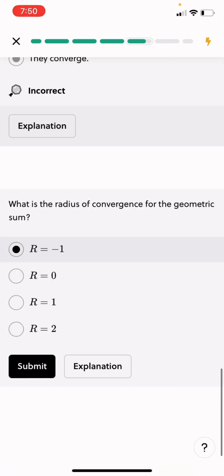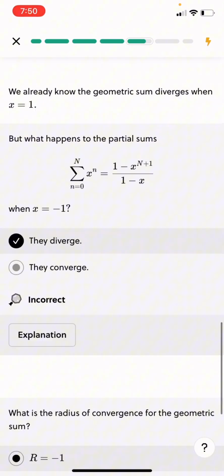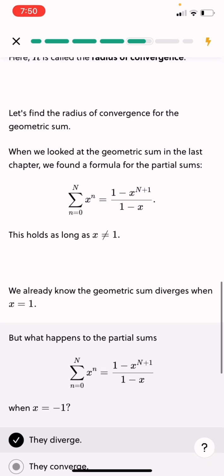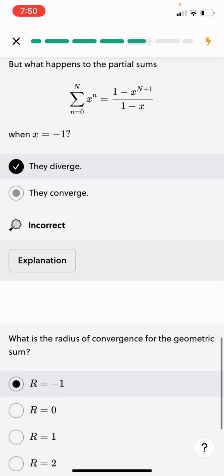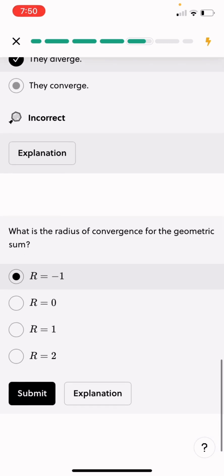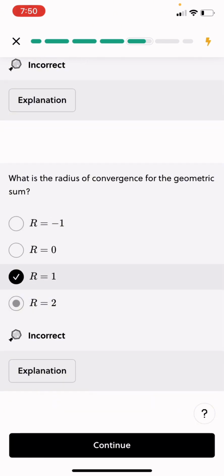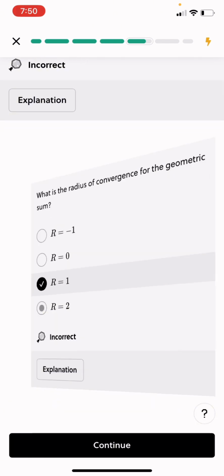I don't know if it would be 1, because it says it diverges at 1. Would that be 2? That doesn't really make much sense. But that's probably my best guess. I'm just starting into this, so I'm going to say, yeah, it is 1. Let me see why.